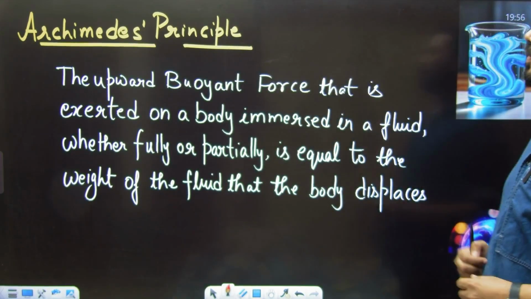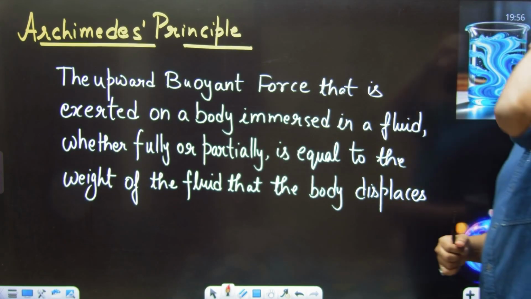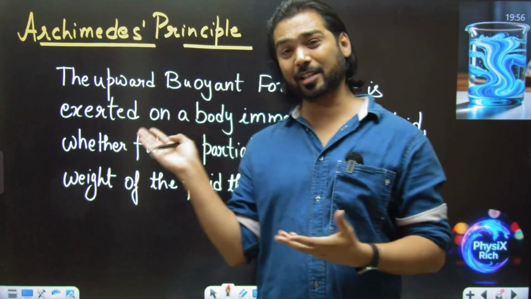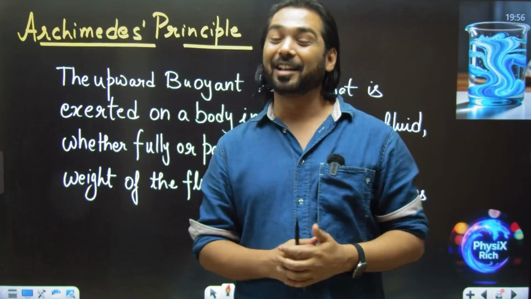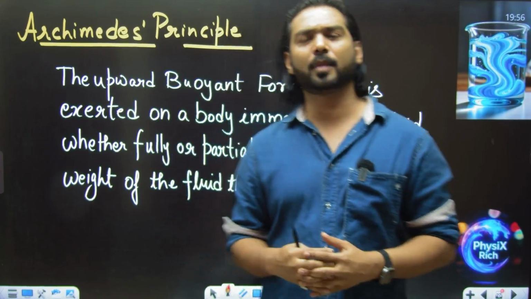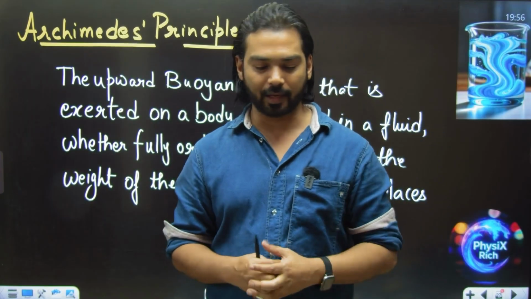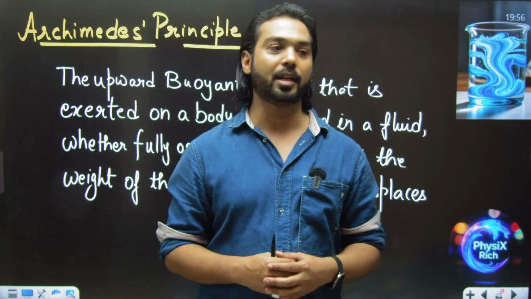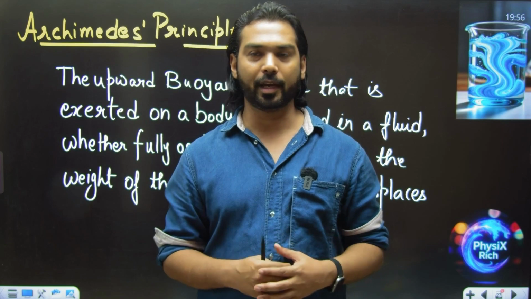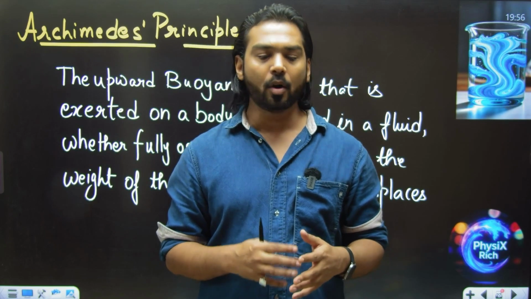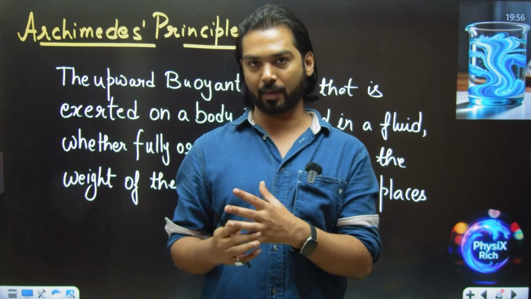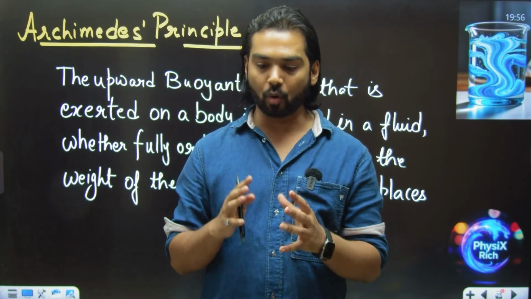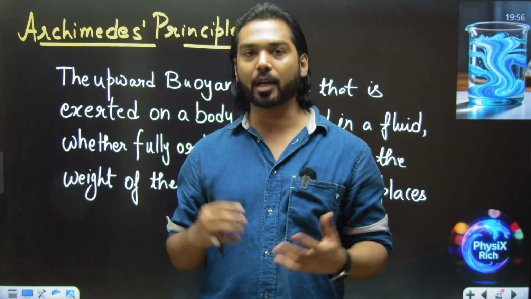So guys, we are now talking about Archimedes principle. Speaking of composure, this actually is a story of composure. Let me tell you how. There was this place in Italy called Syracuse, and there was a king over there who ordered a crown for himself made of solid gold. He gave a certain amount of gold to the goldsmith to make the crown.